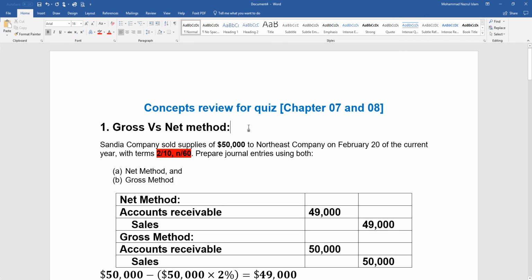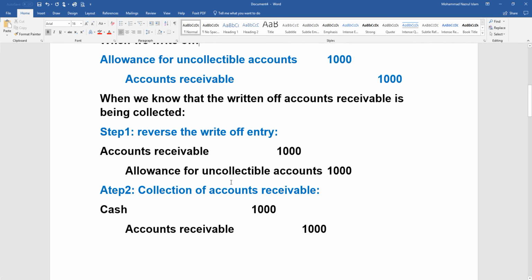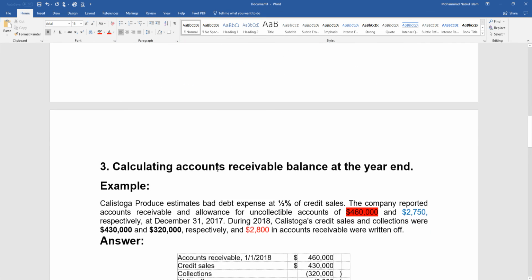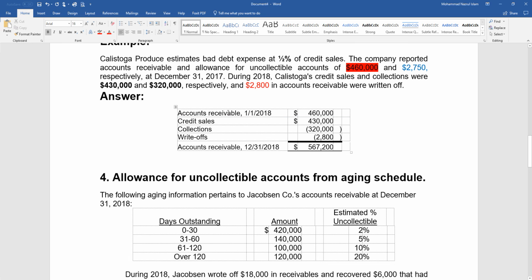Okay, so let's have a recap. Gross versus net method we will be recording like this. And collection from accounts that has already been written off, we have to follow these steps, so be careful about that. Calculating accounts receivable balance at the year end, in this case we will be following this one. The accounts receivable beginning balance, then we will be adding the credit sales, subtracting the collection from the credit sales, and subtracting the write-offs, and finally we have this amount of accounts receivable at the end of the accounting period.